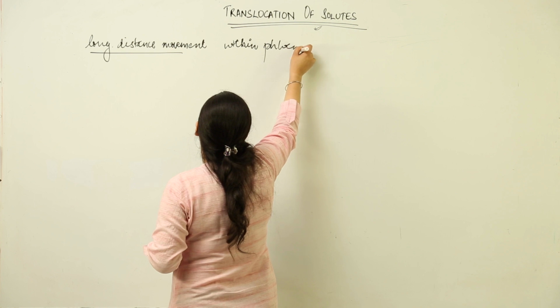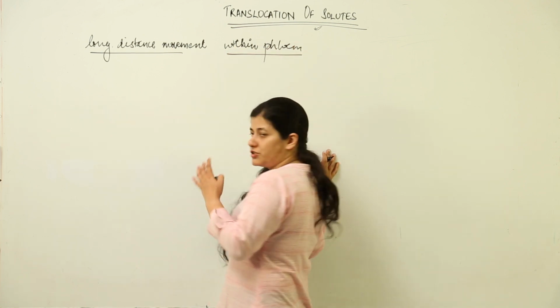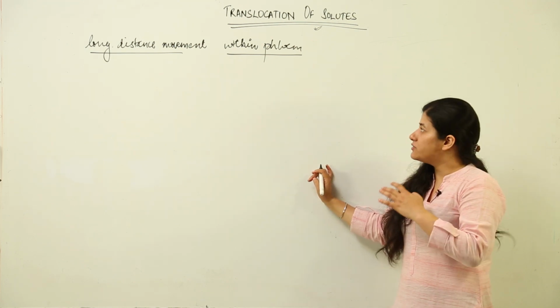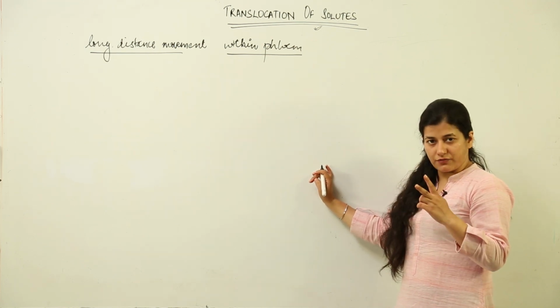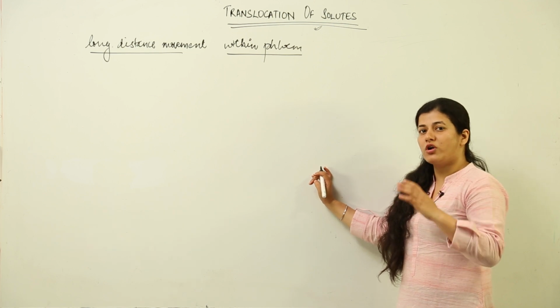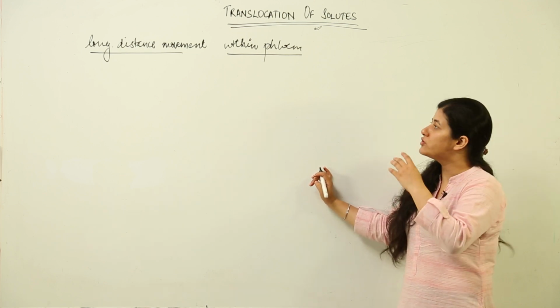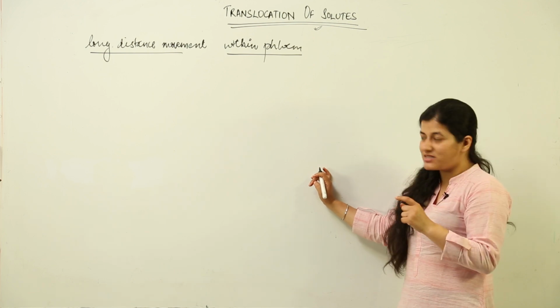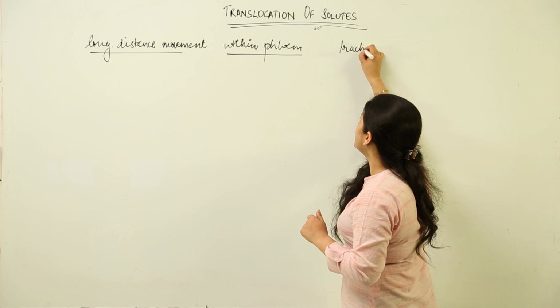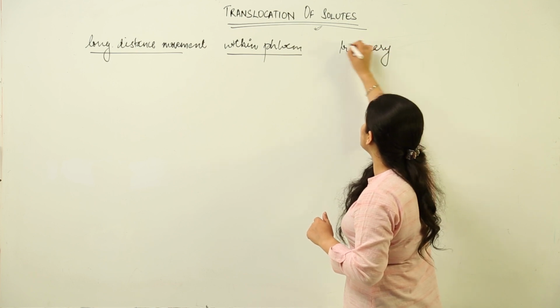Now, as you can recall, phloem is the tissue which is responsible for carrying the food material within the plant. There are two elements which are responsible for the translocation of solutes over a long distance, that is the tracheary elements and the sieve tubes.